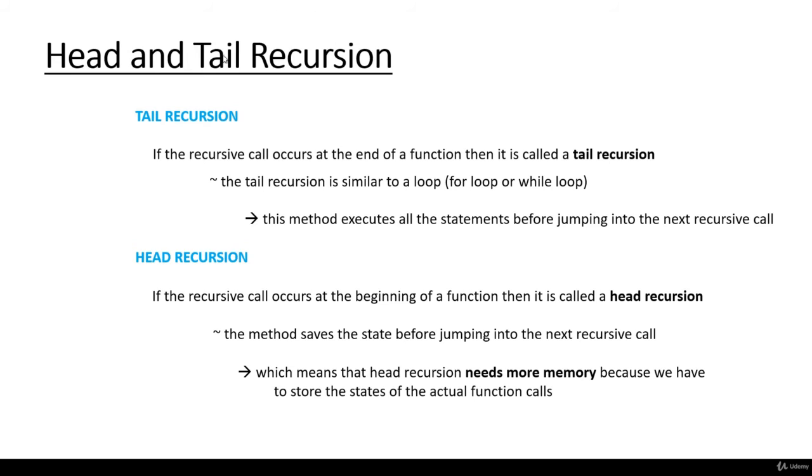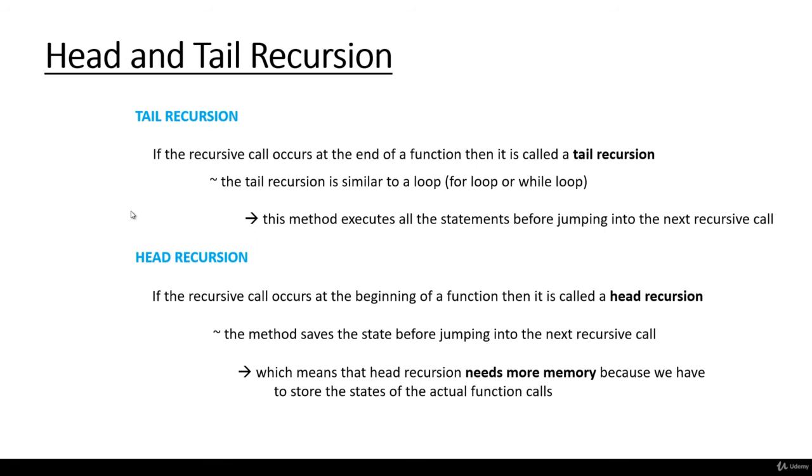Let's talk about the types of recursion. There are two types, tail recursion and head recursion. If the recursive call occurs at the end of the function, then it is called tail recursion. So tail recursion is very similar to a loop, whether it is a for loop or a while loop. This method executes all the statements before jumping into the next recursive call.